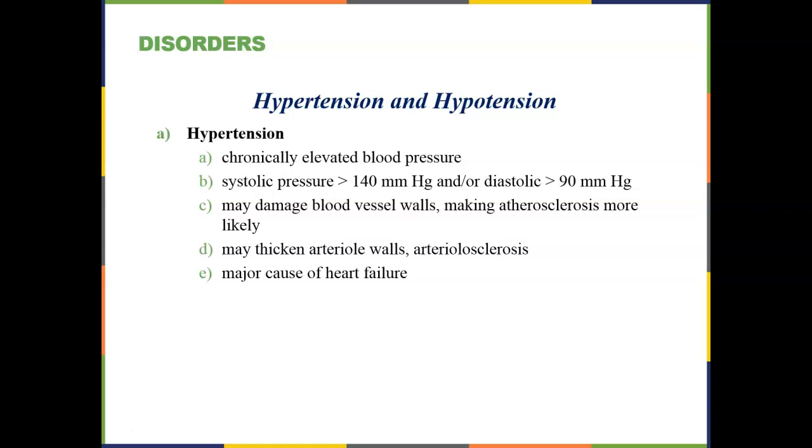If you have chronically high blood pressure for a long period of time, this can cause damage to the blood vessels and it can lead to atherosclerosis. And this is often a precursor to heart disease, heart failure.